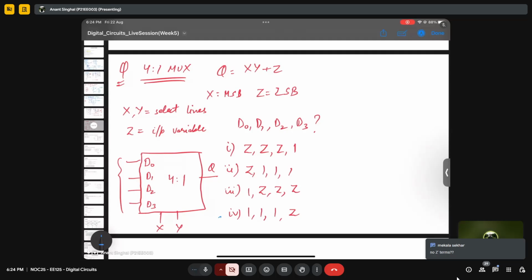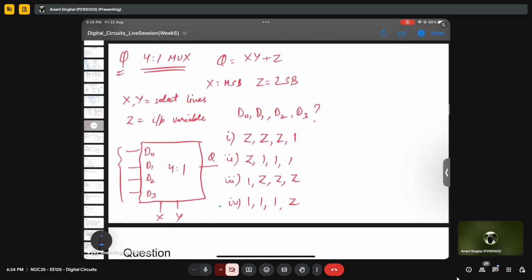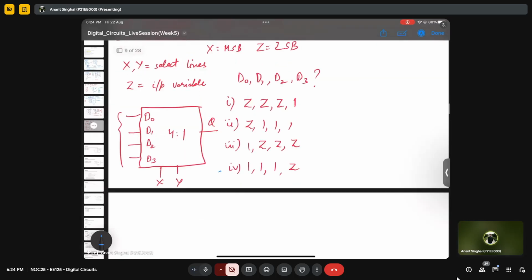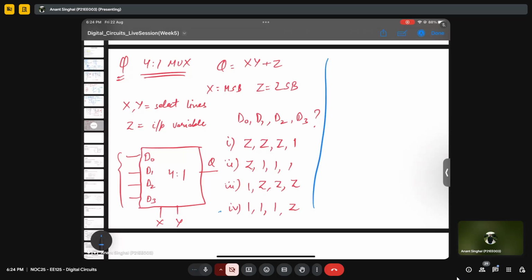Okay, so let's try out some of the answers I've got. Yeah, there is no Z complement term in the options. So let's see how we can do that. As I said, here Q is nothing but x y plus z.